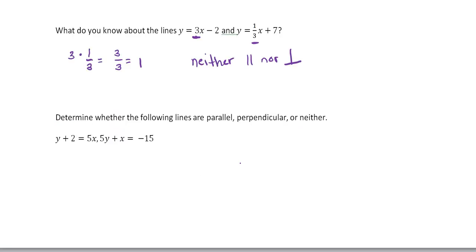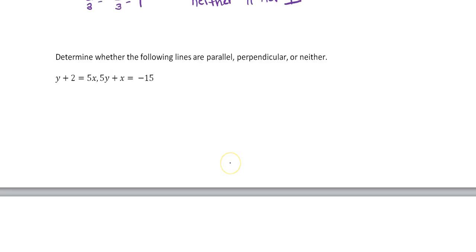Alright. So what do you know about these? We're going to determine whether the lines are parallel, perpendicular, or neither. So this is one we're going to have to isolate a little bit, and then this one I'll isolate a little bit and see what we've got. In this case, I'm going to subtract the 2 to the other side, so I've got y equals 5x minus 2.